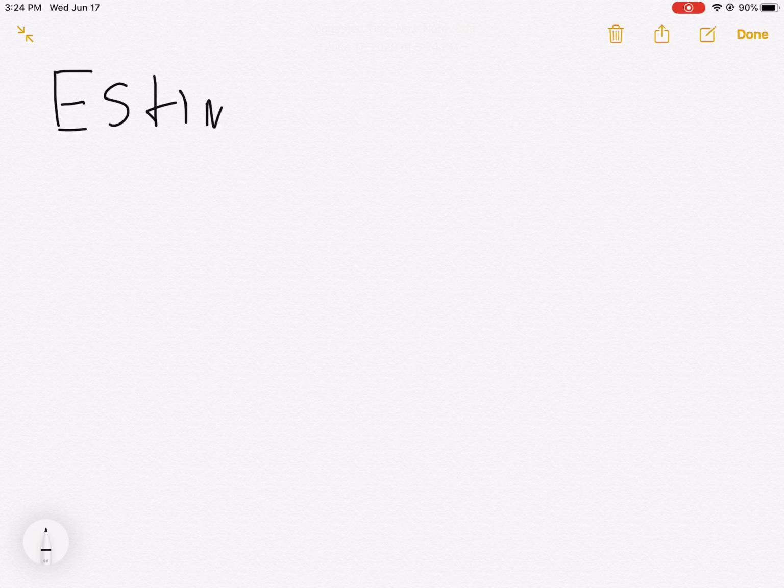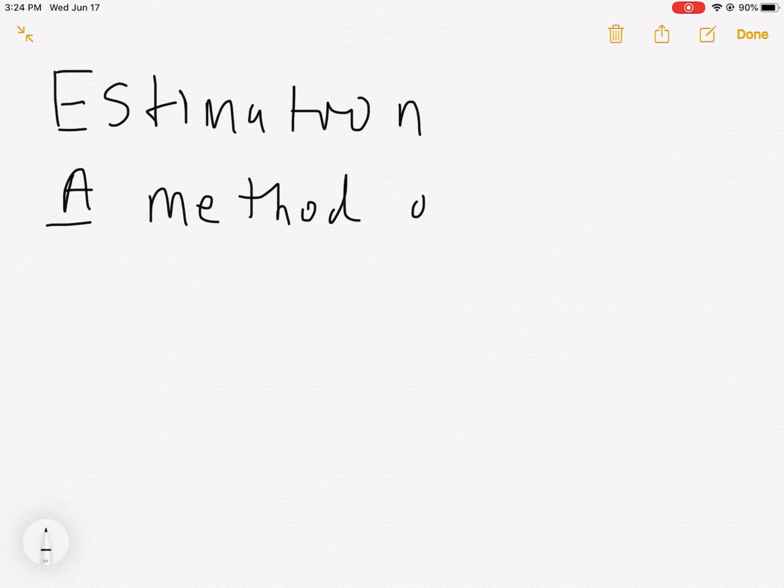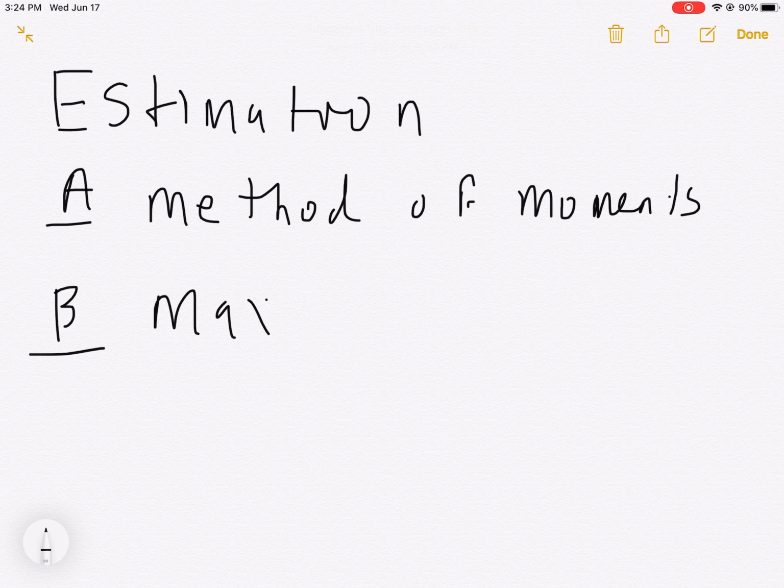All right, welcome to my lecture on estimation. There are two main methods that we'll use for estimation. One method is the method of moments, and the other method is the maximum likelihood.